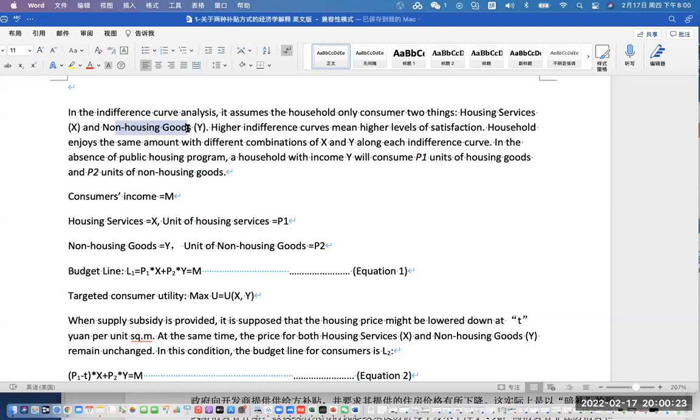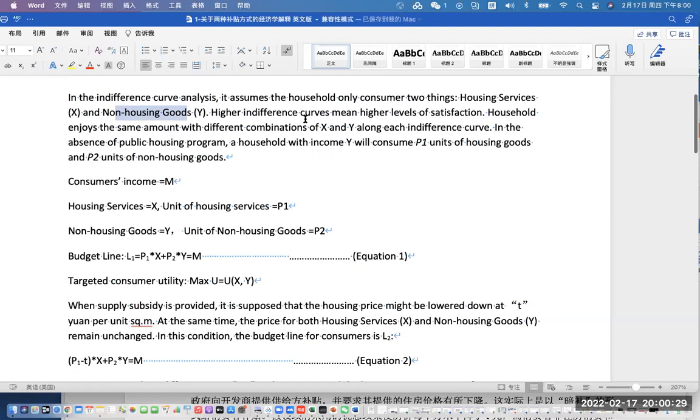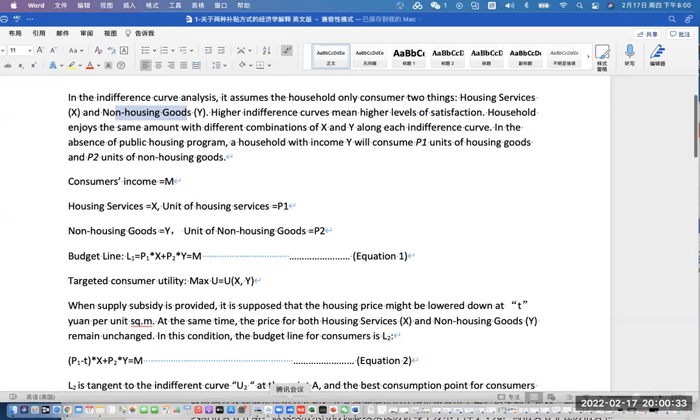This is the budget. They can only consume, or buy, two things, X and Y. A higher indifference curve means a higher level of satisfaction, right? So the household would enjoy the same amount of satisfaction with different combinations of X and Y along each indifference curve.